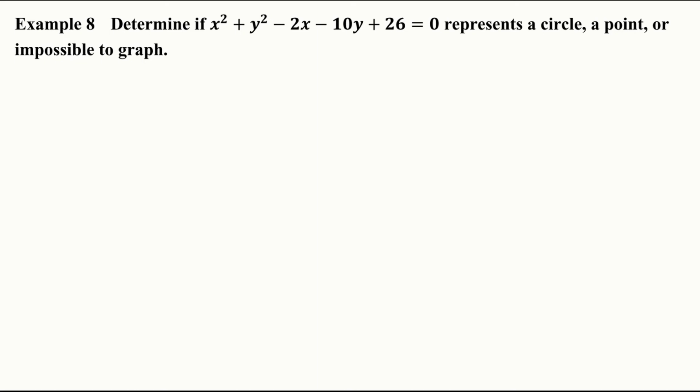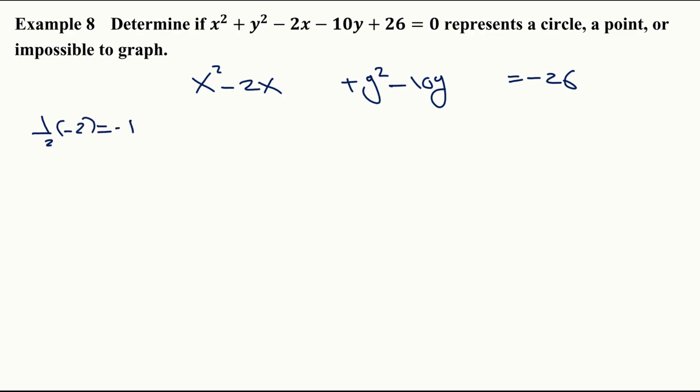All right, so again, same procedure. We have x squared minus 2x, leave some space, plus y squared minus 10y, leave some space, and take the 26 to the other side, right? We need to complete the square on x squared minus 2x, so we take 1/2 of the coefficient of x, which is negative 1, and then we square it to get 1. So we need to add 1, and we immediately add 1 to the other side.